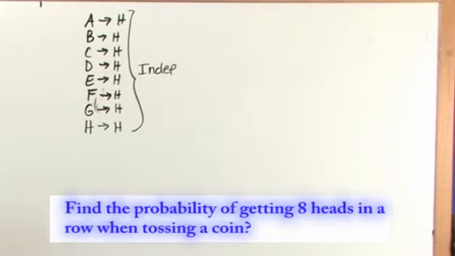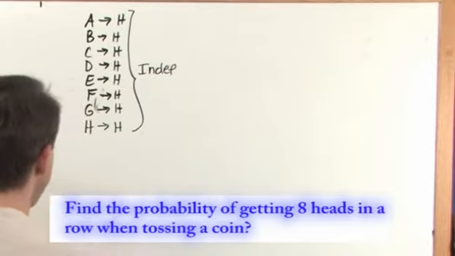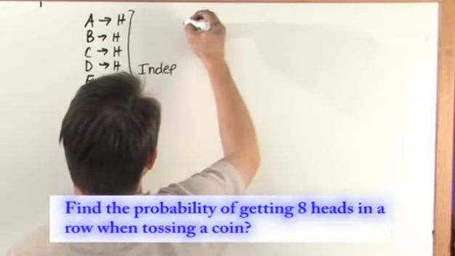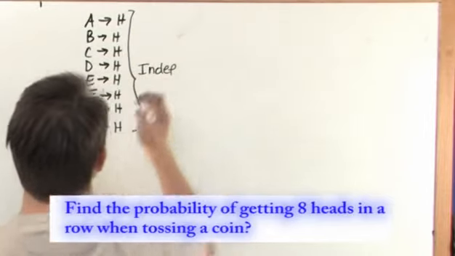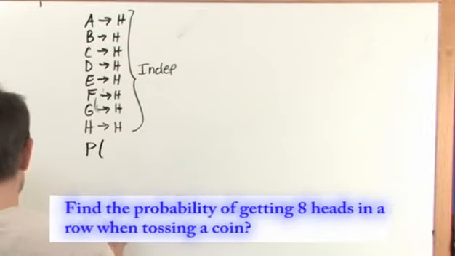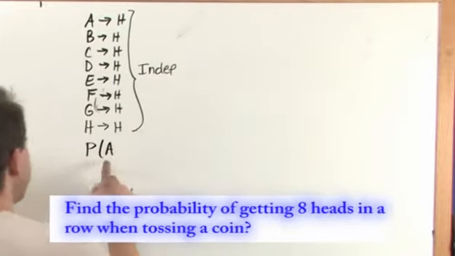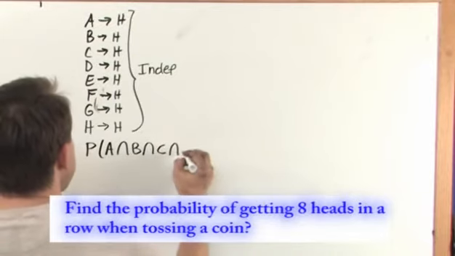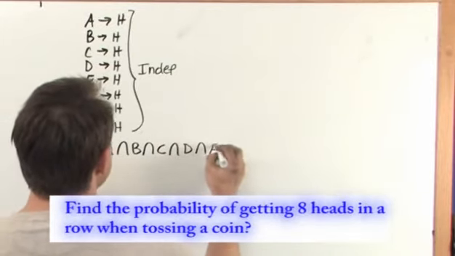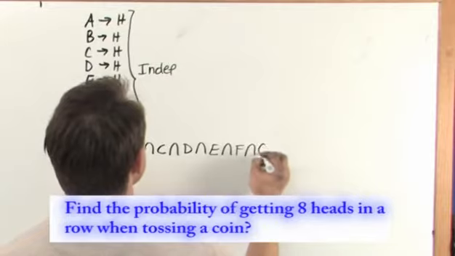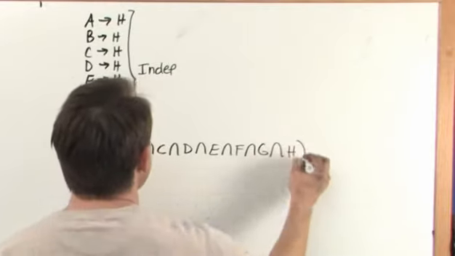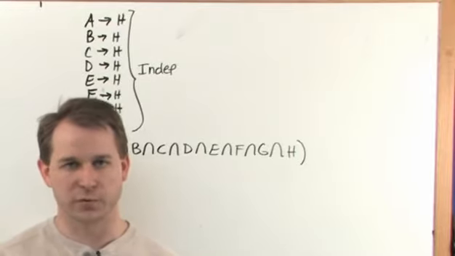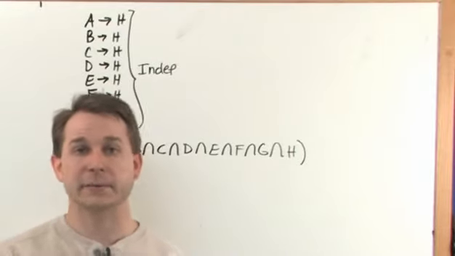So what I'm showing you this problem for is to show you by example that the probability you're actually interested in is the probability of A happening and B and C and D and E and F and G and H. So all I'm trying to show you here is this probability rule that we've been talking about, where you have A and B and you multiply them together.